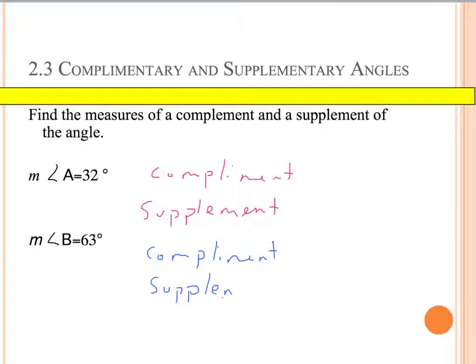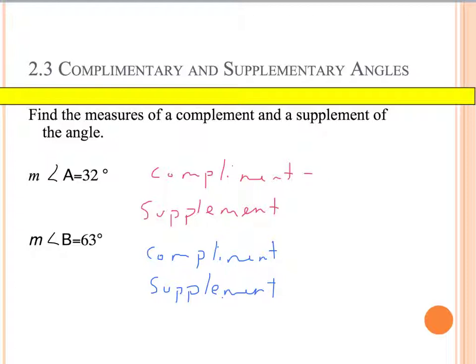Okay, so now looking at this very first one, complement angle. And my writing looks like chicken scratch, but that's okay. We know that when we have two angles that are complements, they add up to equal 90 degrees.